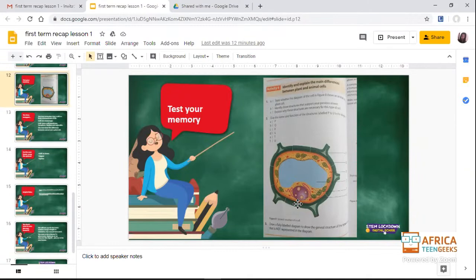And number 3, draw a fully labeled diagram to show the general structure of the type that is not represented on this diagram here. So if this is an animal cell, you draw a plant cell. So if this is a plant cell, you draw an animal cell.